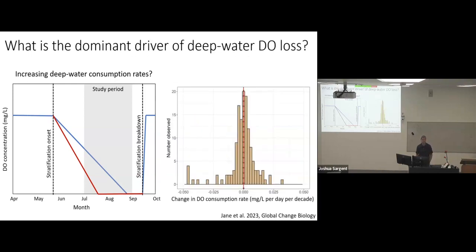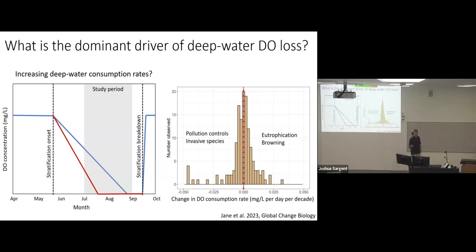So jumping into some results. This is a distribution of trends in our deep water consumption rates, right? If our lines are getting steeper here, meaning consumption rates are increasing, the distribution of trends would be shifted to the right here.